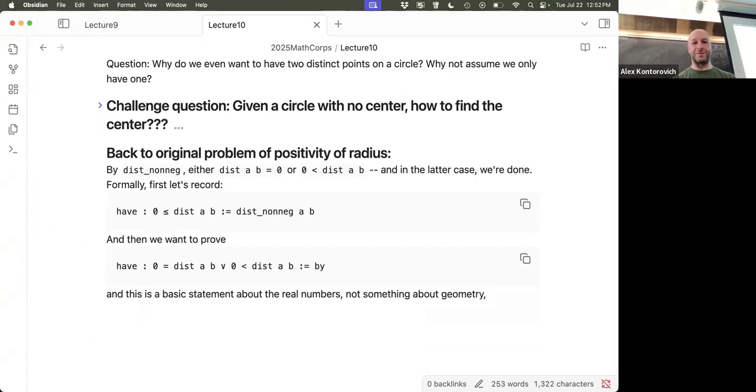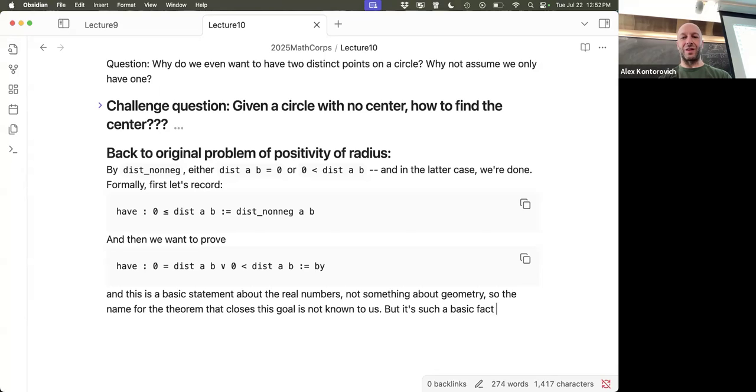We didn't code this up. So the name for the theorem that closes this goal is not known to us. But it's something so basic, it's got to be in the library. It's such a basic fact that it must be somewhere in the Lean mathlib library.